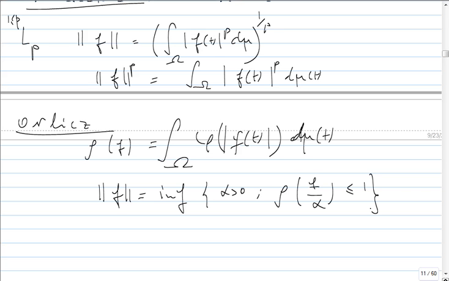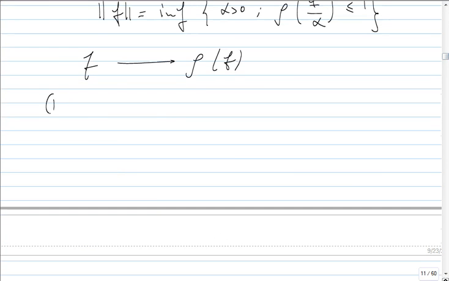Of course, keep in mind, I'm assuming that phi is convex. That was part of the Orlicz example. I did not expand this to some weird cases. So here, Nakano paid attention to this new object. And he said, what are the properties of this object? And he came up with the following.